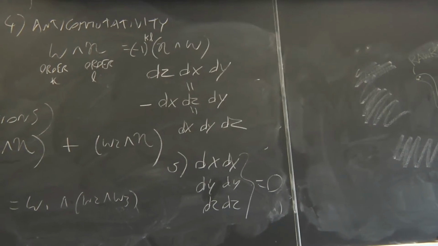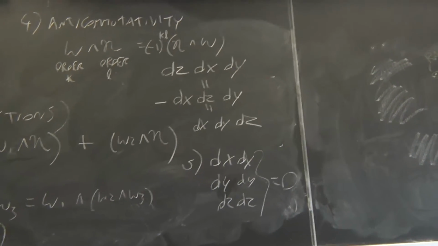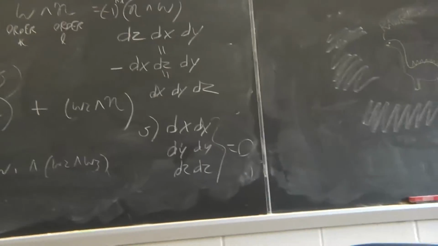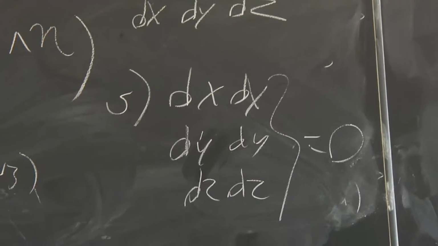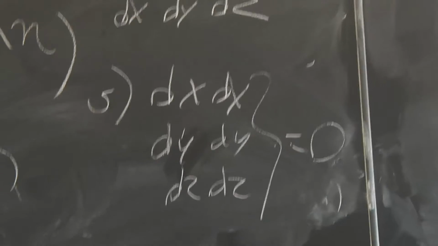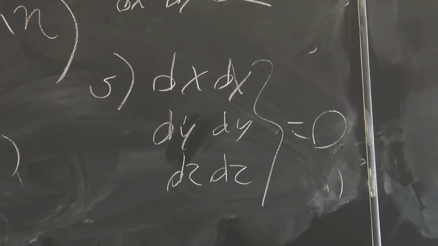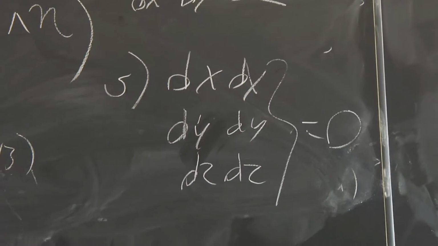The wedge product of two of the same basic 1 forms is 0. So in all the examples we're going to see, whatever expression you have, the dx, dy, dz are always going to be distinct. If any ever come up where you get two of the same, it just wipes everything out.